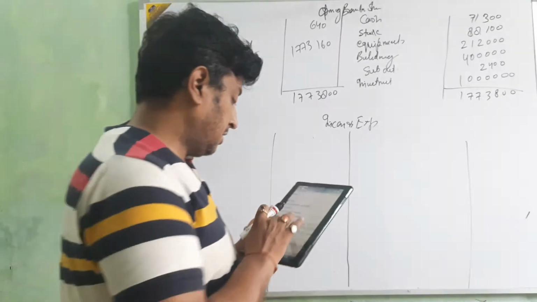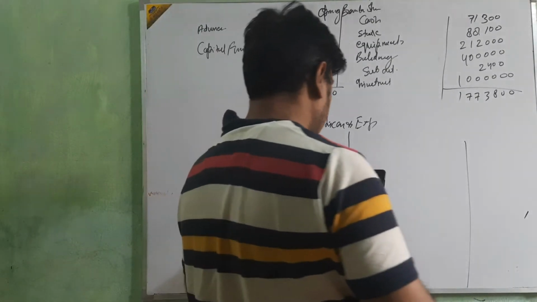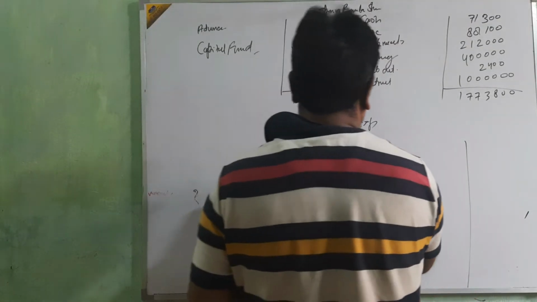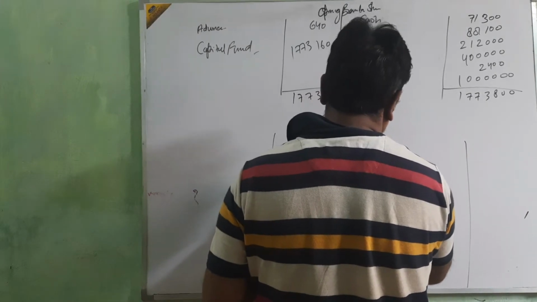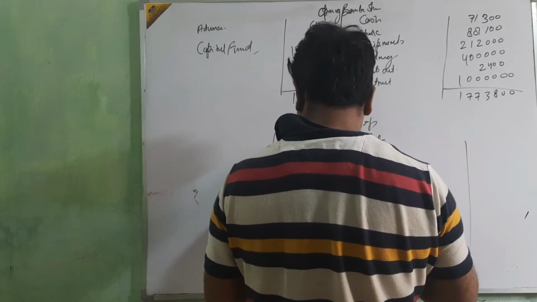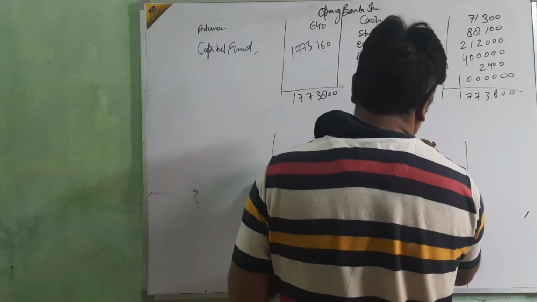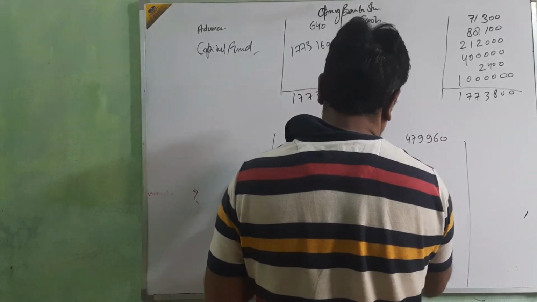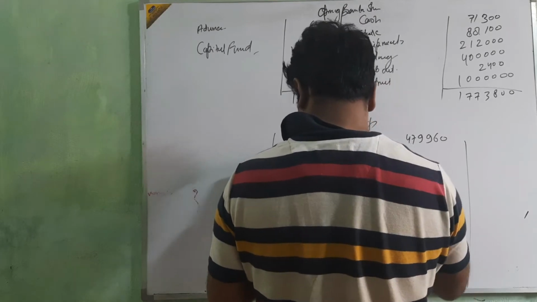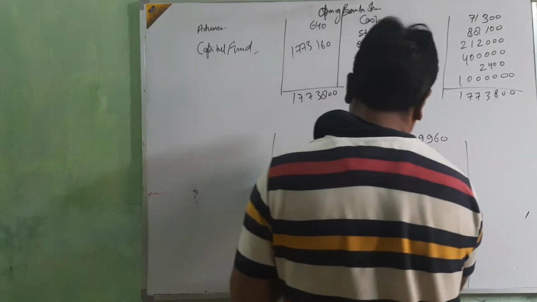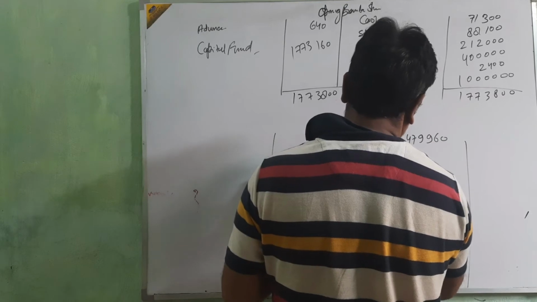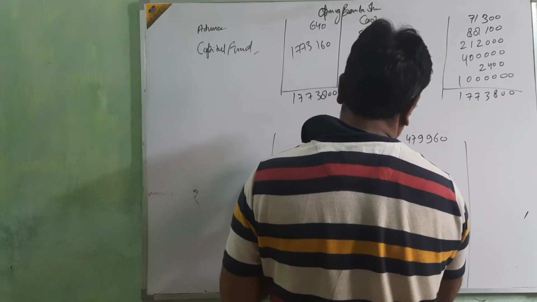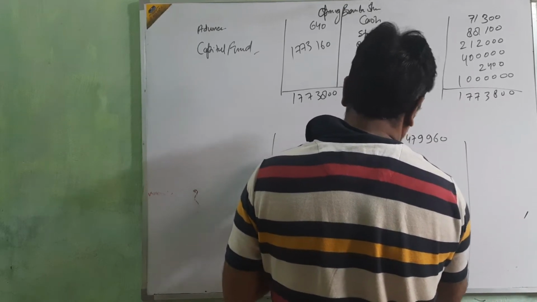Okay, beta, now we are going to start from the income side, by subscription. The subscription amount is 479,960. Add adjustment: outstanding current year and advance last year.